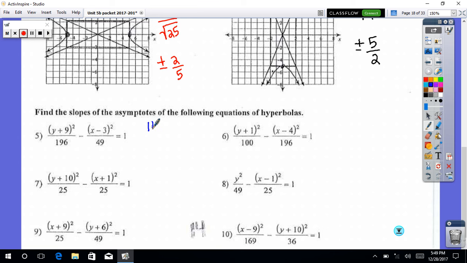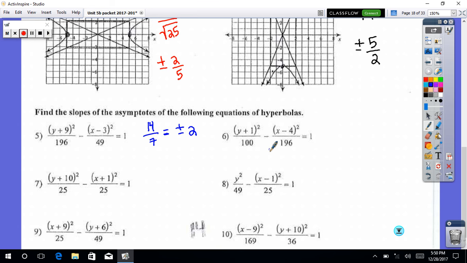We have 14 over 7, which is plus or minus 2. It would be 2 over 1, but again, we don't have to put that over 1, so plus or minus 2 is perfectly fine.